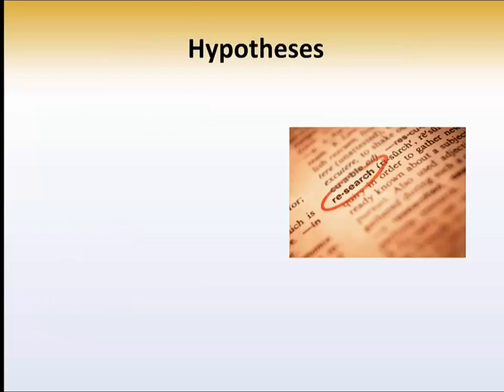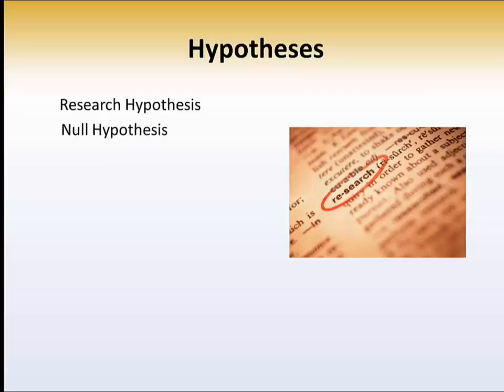So we have these research hypotheses. Well, what do they actually look like? We have two types. The first is the research hypothesis. The research hypothesis is the one that you are going to propose as what's going to happen to variable Y when you manipulate variable X. I think if you engage in more physical activity, your blood pressure will be normal.